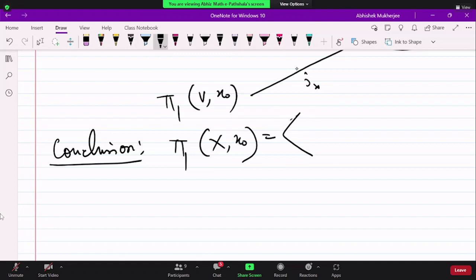That means it is the group generated by them.